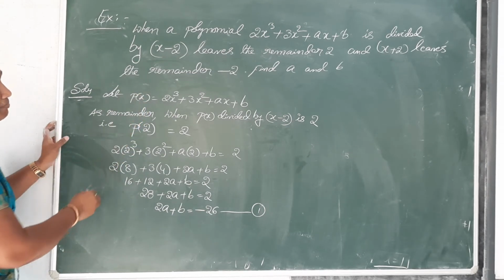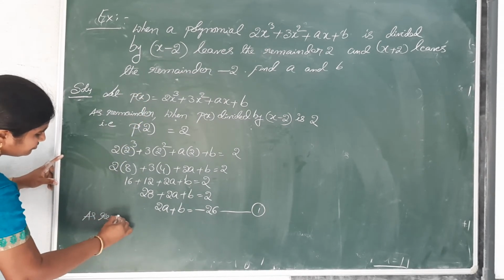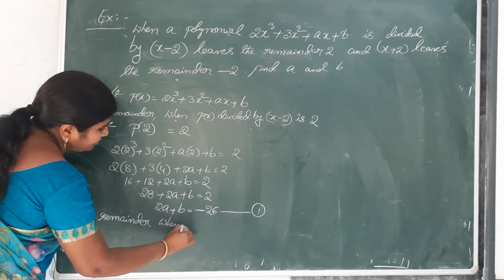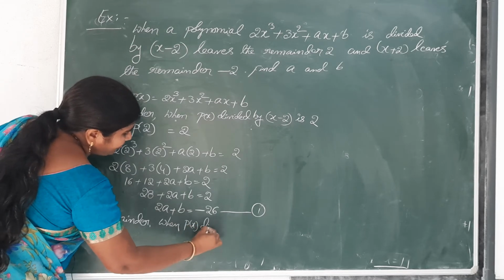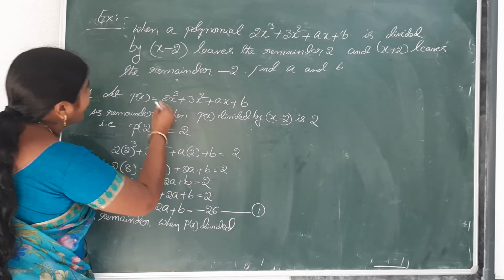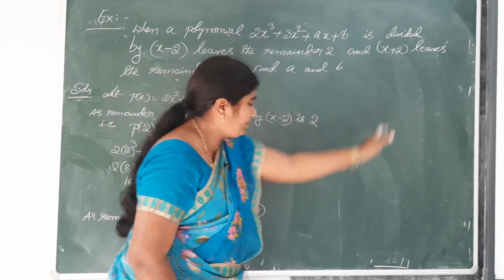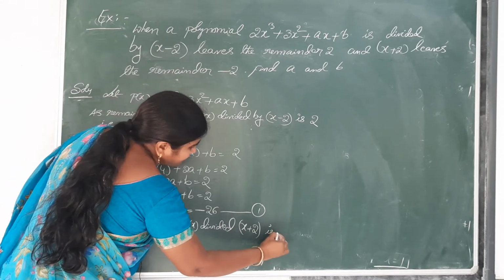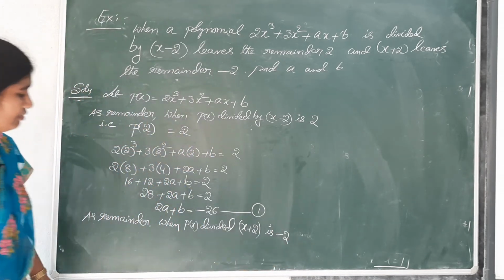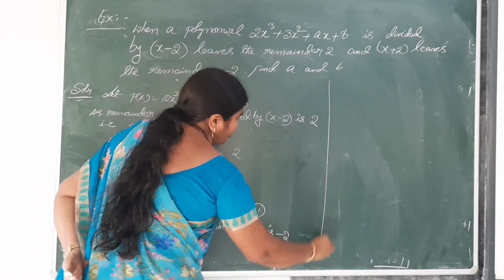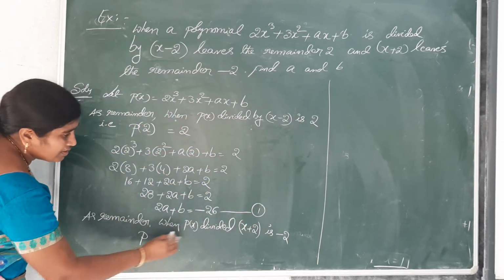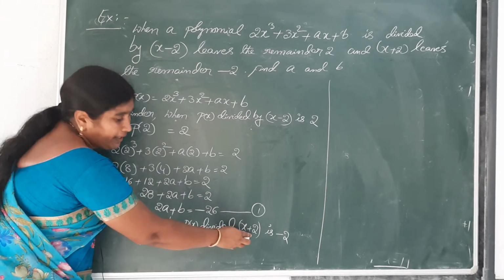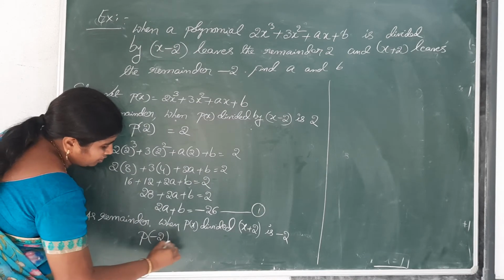Next, the remainder when P of x is divided by x plus 2 is minus 2. Setting x plus 2 equal to 0, x equals minus 2, so P of minus 2 equals minus 2.